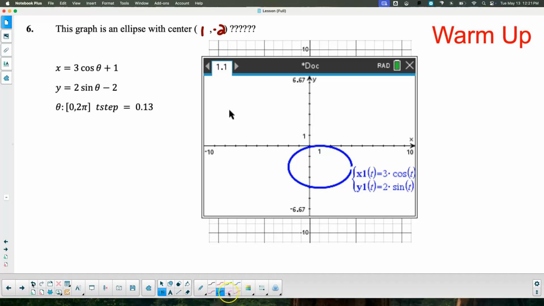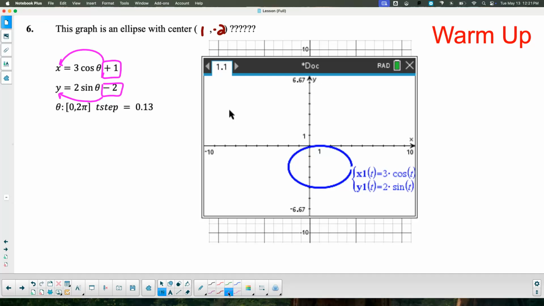So right here, it gave me a +1 for the x, and it gave me a -2 for the y.